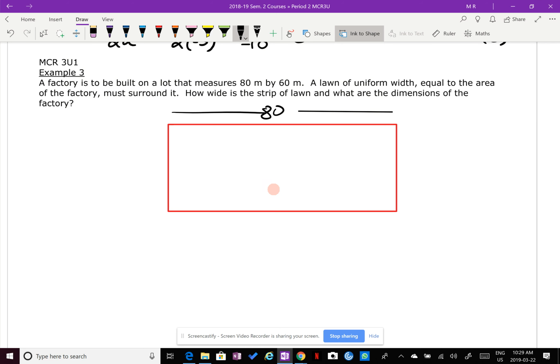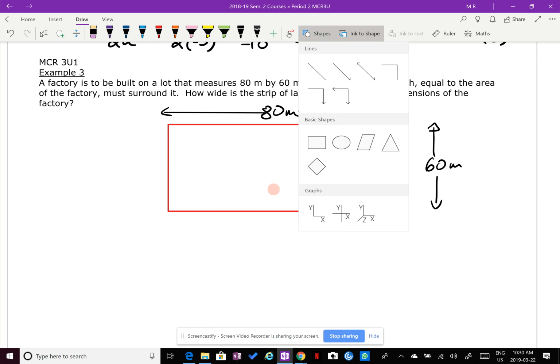So 80 this way, 80 meters and 60 meters wide. Okay. A lawn is going to be drawn inside the factory lot. Just going to draw my own rectangle.